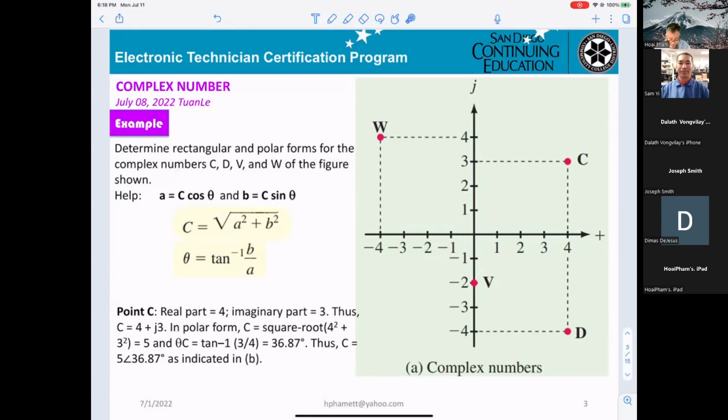Okay, so that is just the rectangular form of the complex number. Now we want the complex number in polar form. In polar, you have to calculate the value of W. Right, so you take the square root of those two numbers, right? Right.